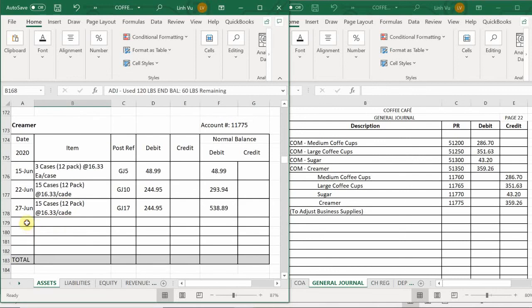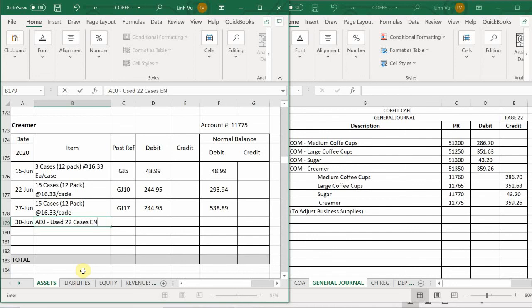Last but not least, this is 630. Okay, adjustment once again. How many cases did we use? Did we use 22 cases? Yeah.